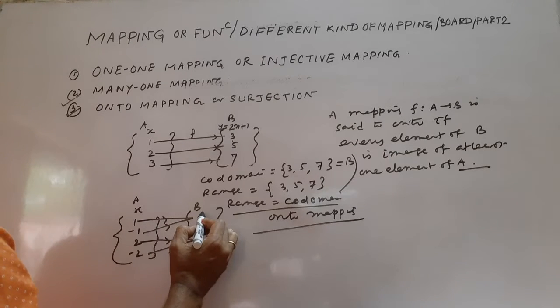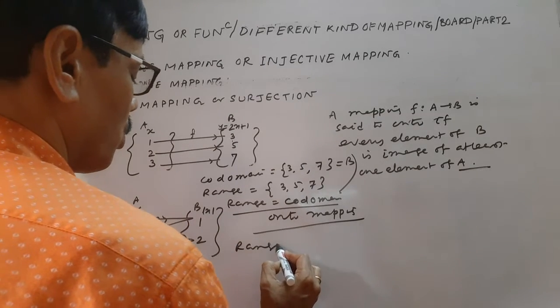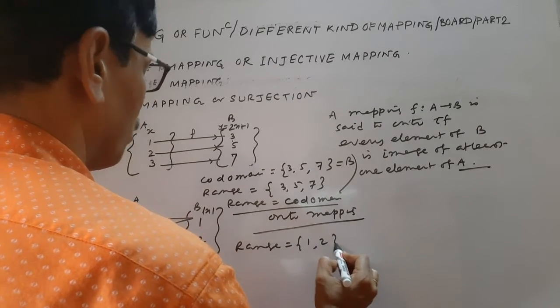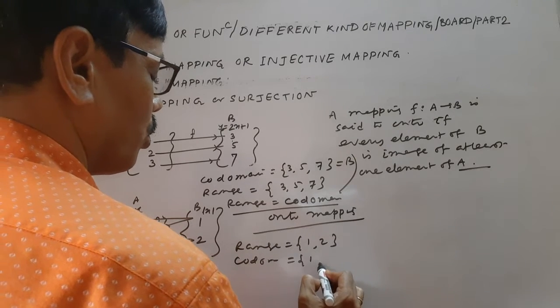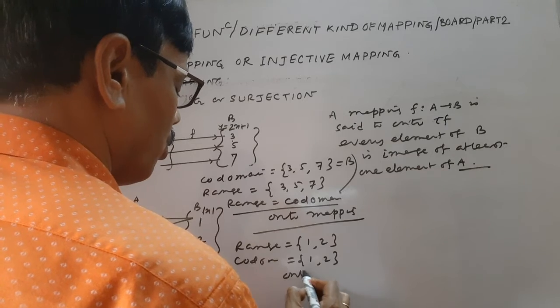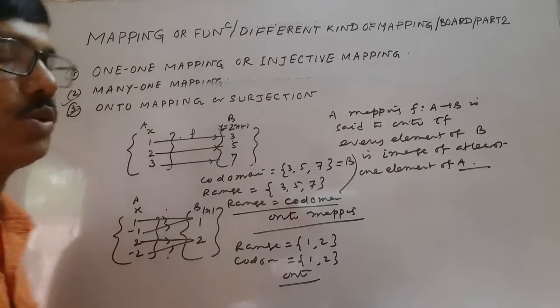So this is x, this is mod x. So range equals 1, 2, codomain 1, 2. This is many one, onto; it is one-one onto.